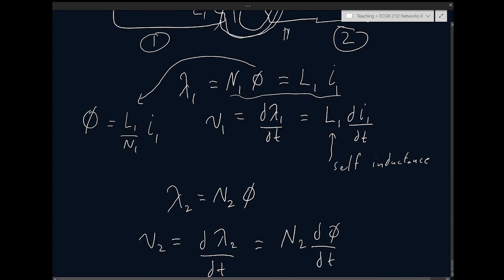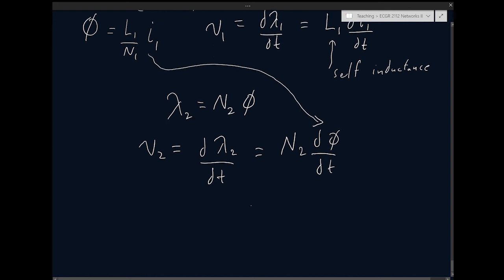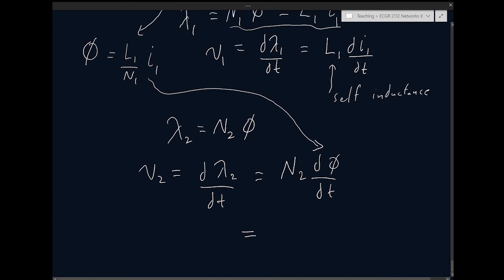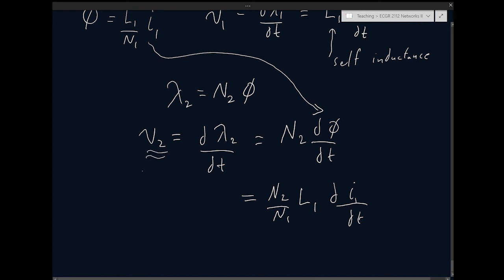And phi is the same between the two coils, so I can plug it in here. I end up with some other inductance for the second coil: N2 over N1 times L1, times di1 by dt.